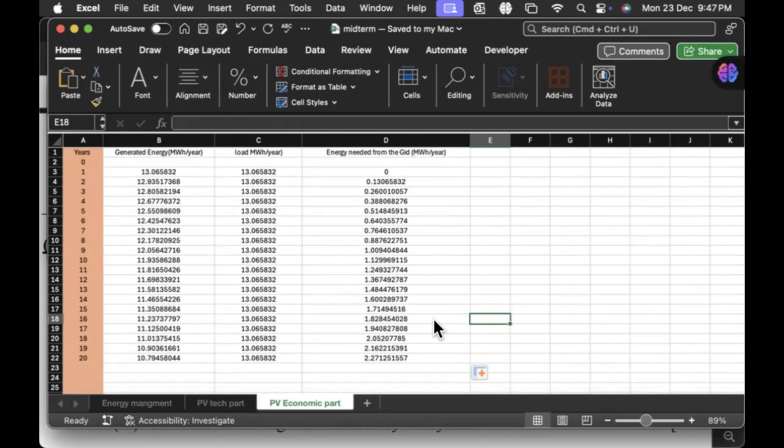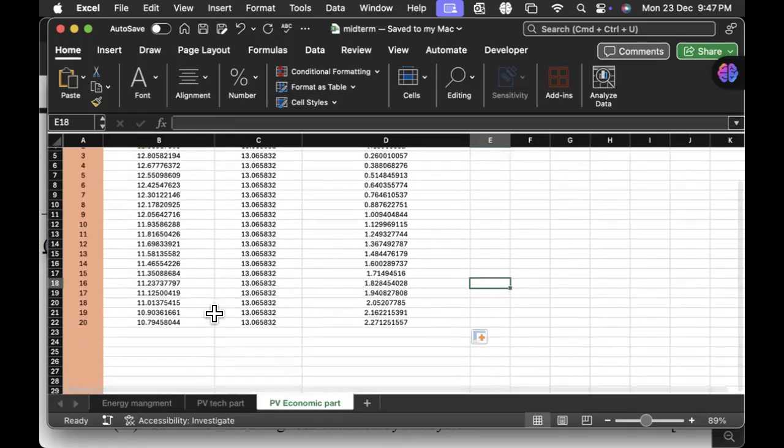So this is simply the case study you are going through. This is an initial way to start the economic part of your study.